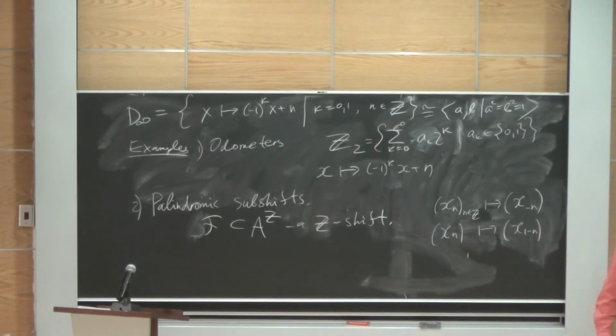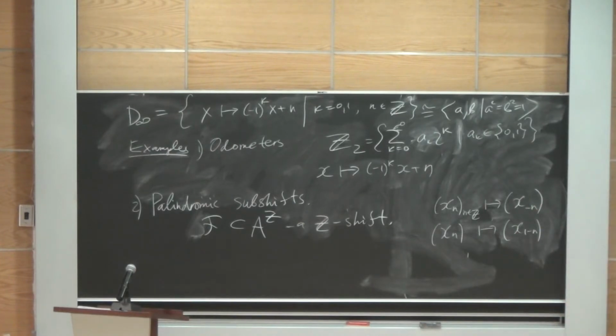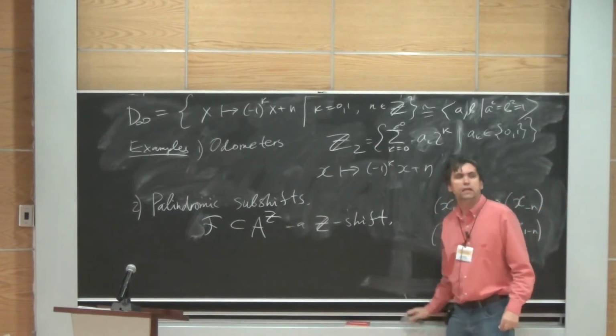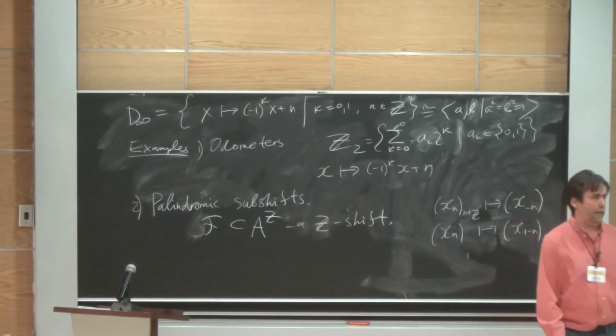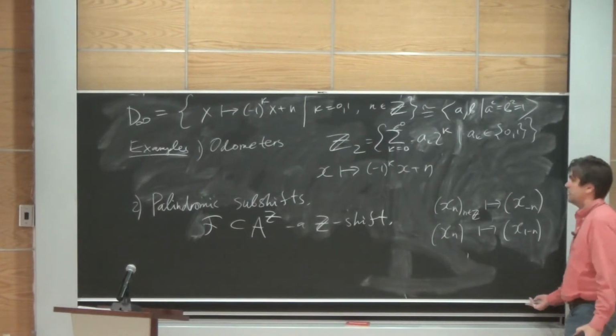And these two transformations of the palindromic shift will be of order 2, and they will give you a minimal action of the infinite dihedral group. So you're allowed to shift and to flip the sequences over. If this is a minimal shift, then this will be a minimal action of the infinite dihedral group. So there are many examples.